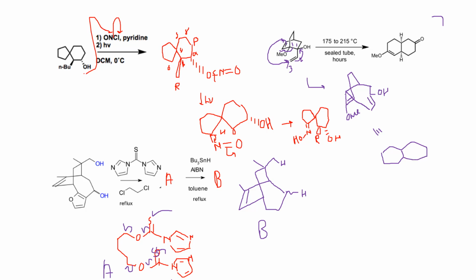So these 2 carbons are common, a 6-member ring, and adjacent to the 6-member ring there is a double bond.